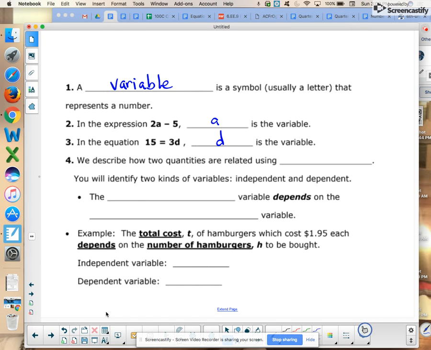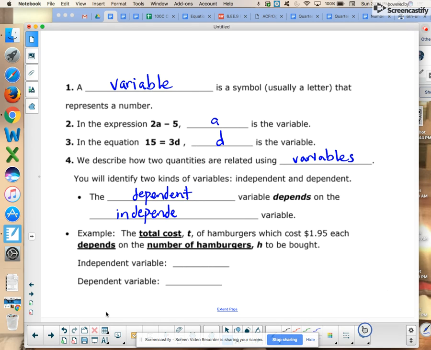Question number 4, we describe how two quantities are related using variables. You will identify two kinds of variables, independent and dependent. The dependent variable depends on the independent variable.